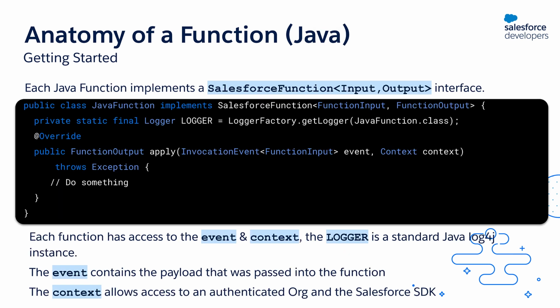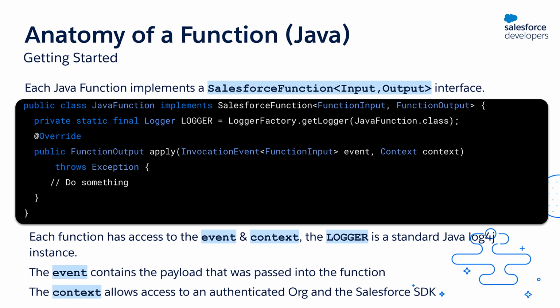Similarly to JS, a Java function pretty much is a class that implements a Salesforce Functions interface. This Salesforce Function interface is what we call in Java a BiFunction. It uses two different parameters.